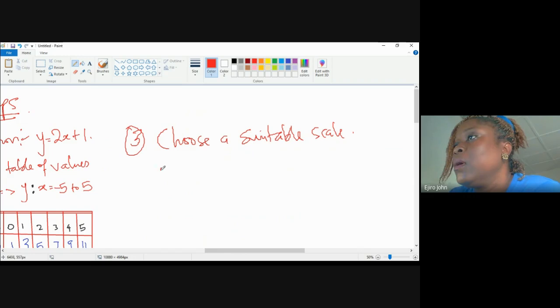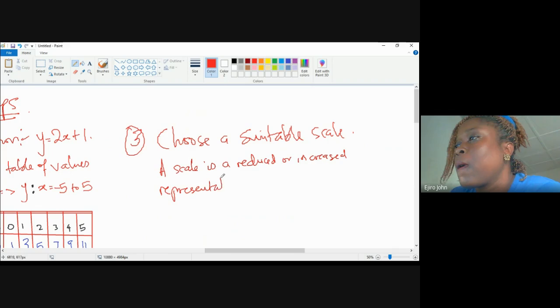You say a scale, in graphing, is a reduced or increased representation of physical size.